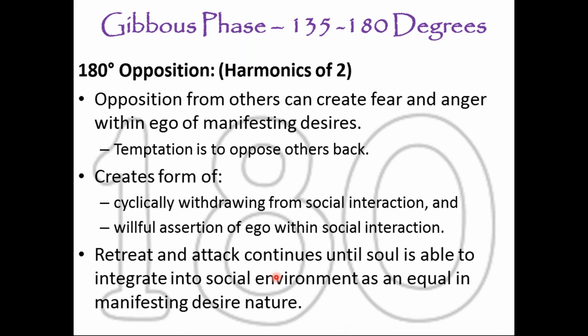And so they'll go back and forth between shutting down emotionally and being overly emotional. Back and forth until they're learning 10th house polarity, still using the previous chart. 10th house polarity, they learn as a mature individual when to emotionally express and when to love themselves emotionally.